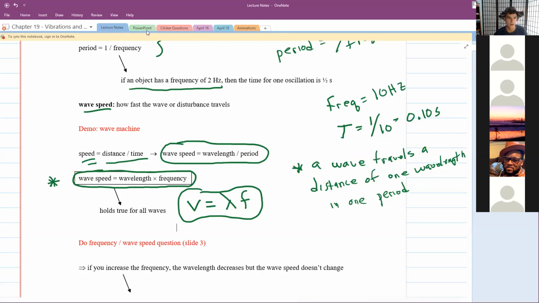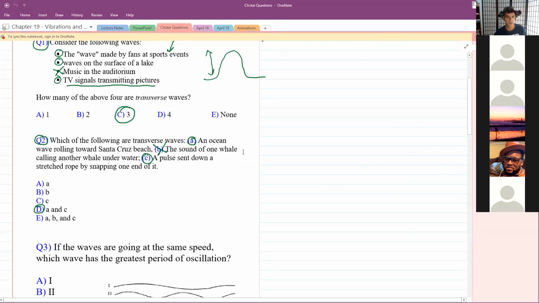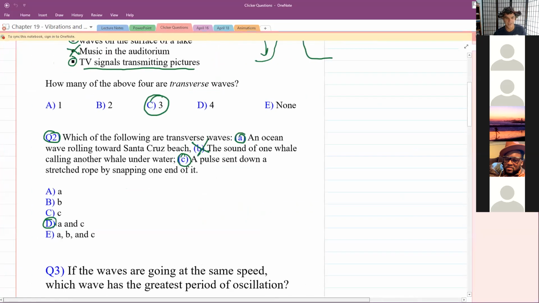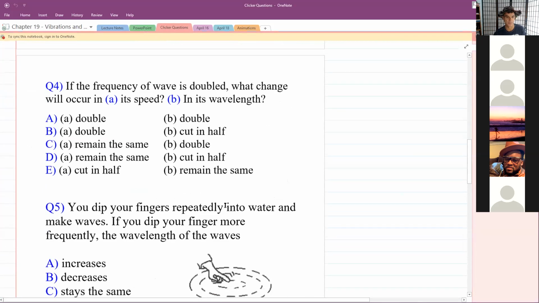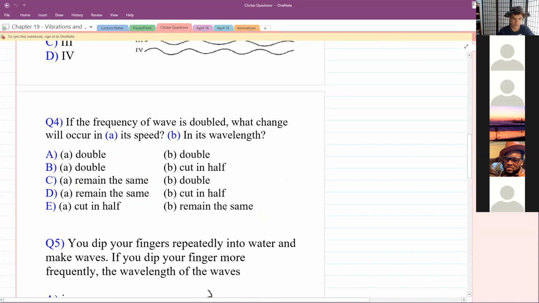So here is a clicker question that you will most likely see some form of again. So this is sort of an interesting question. So question 4. So let me read it first. I'm going to stop this share, start a poll, and then bring this back up. If the frequency of a wave is doubled, what change occurs in its speed and in its wavelengths?